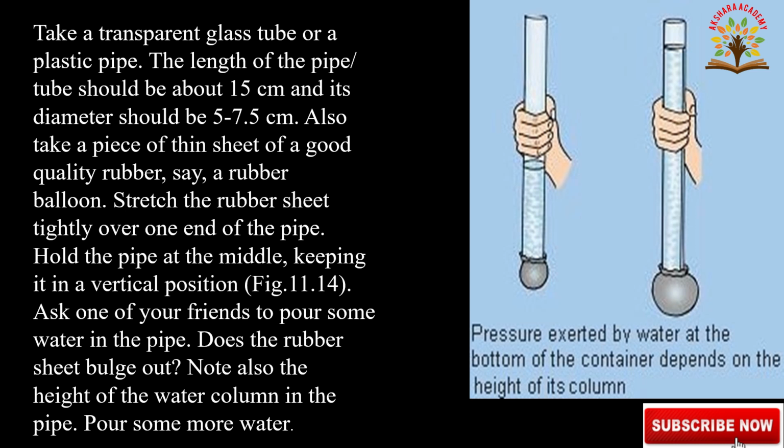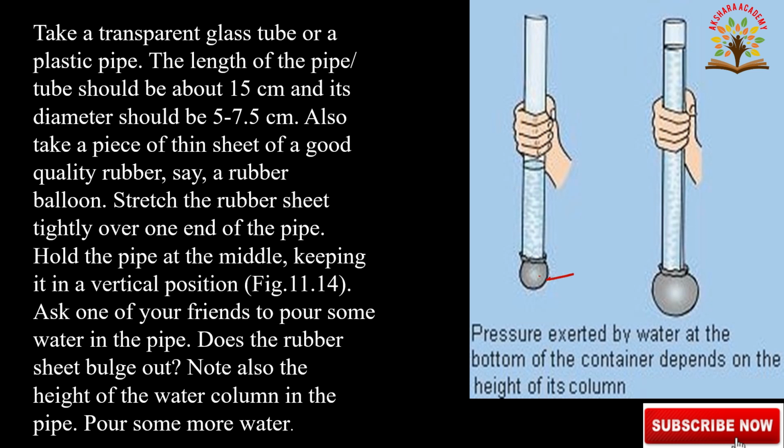So ask one of your friends to pour some water in the pipe. Now what we are doing? We are pouring some water into this pipe. Now observe this diagram 1. Does the rubber balloon bulge? Okay, here a little bit, it is bulged.